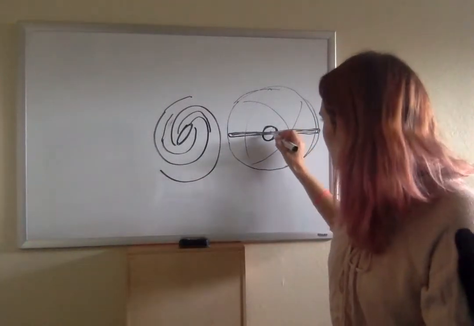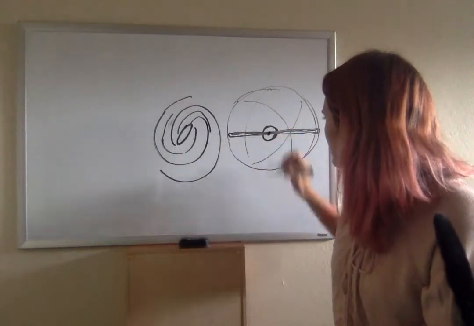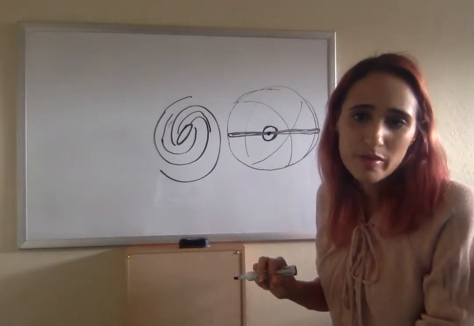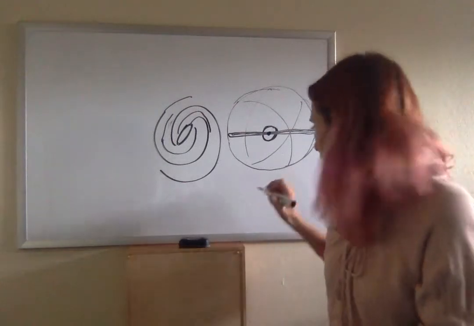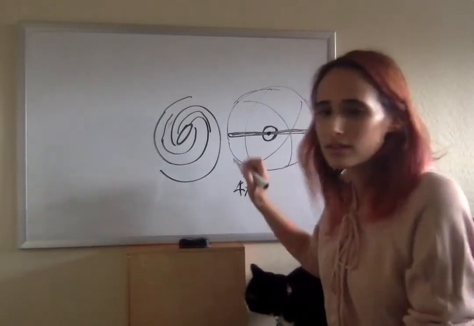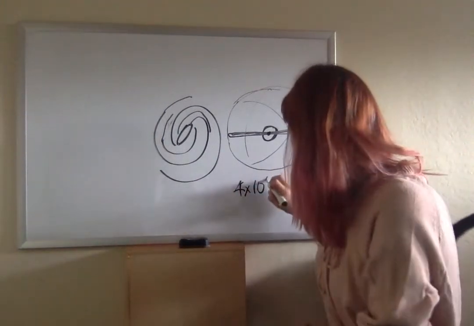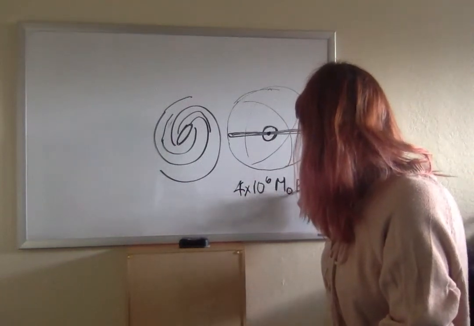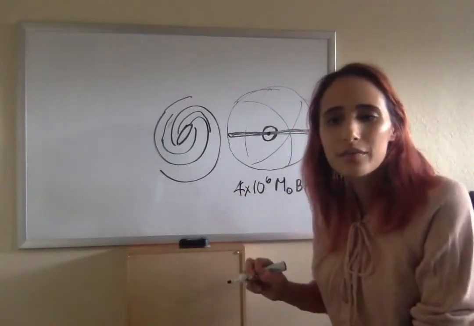And then in the very center of our galaxy is a supermassive black hole. And it is about 4 times 10 to the 6 solar masses for this black hole. And it's not really doing anything.